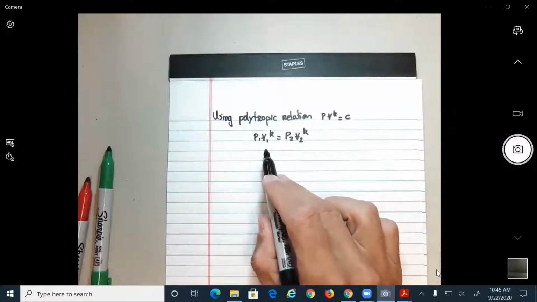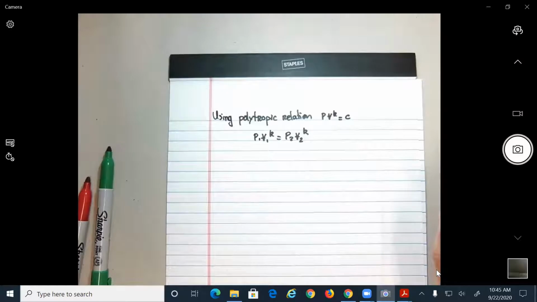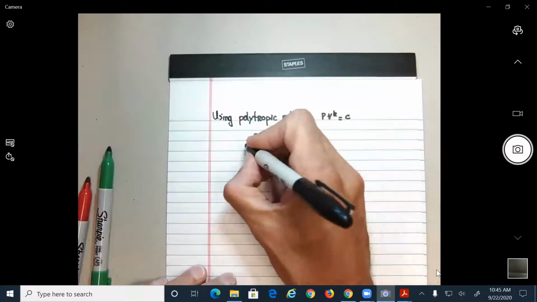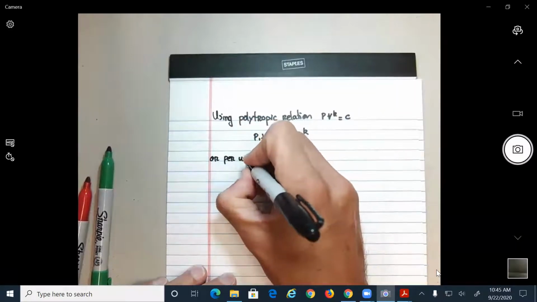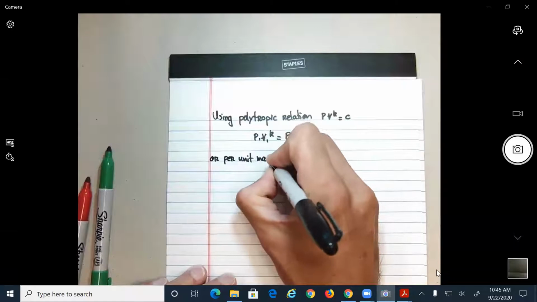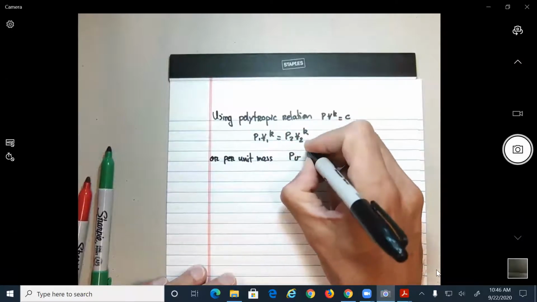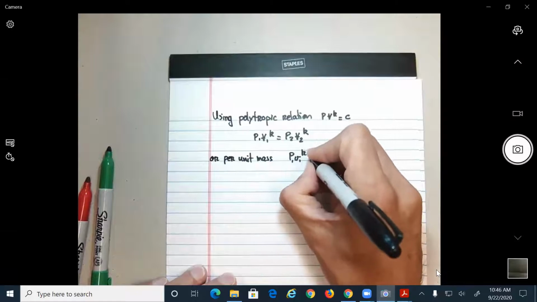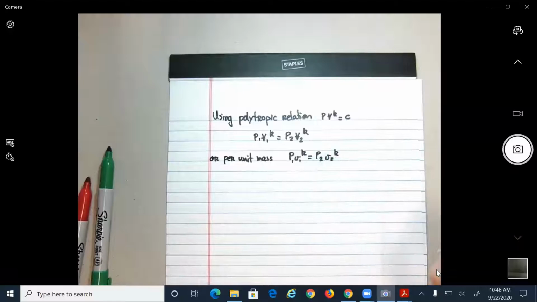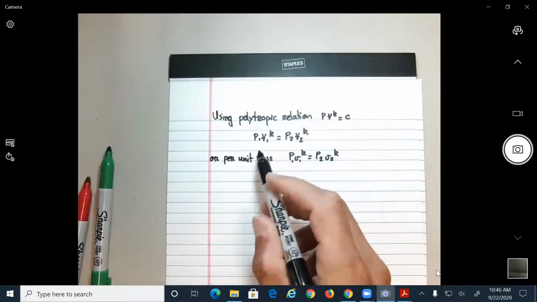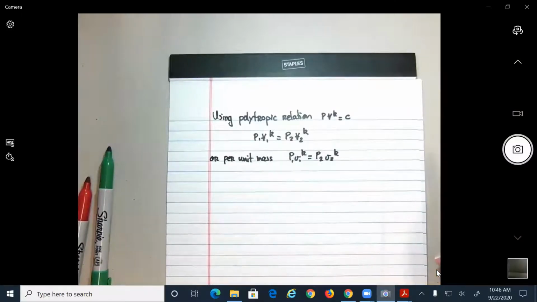We actually know the specific volume for V1, okay? So you could rewrite this relation per unit mass: P1 V1 to the K is equal to P2 V2 to the K. If you divide by M on both sides, it will cancel out, correct? All right, it's pretty simple.